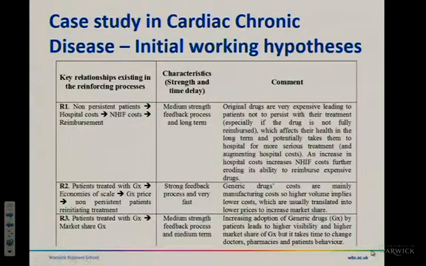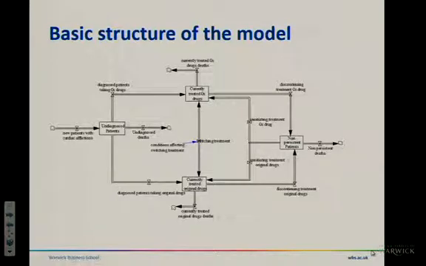So you say, well, at the core of this is another set of stocks and flows. But in this case, what we are representing with these stocks and flows is patients in different conditions. Starting from the left, we have patients that develop a cardiac affliction and then become undiagnosed.